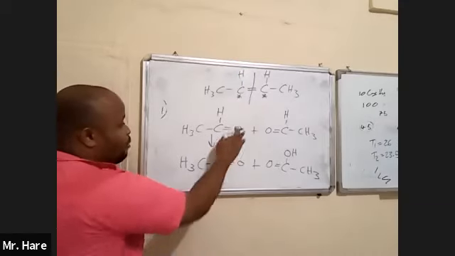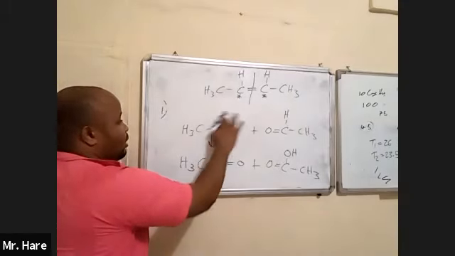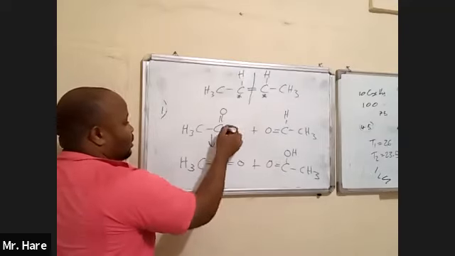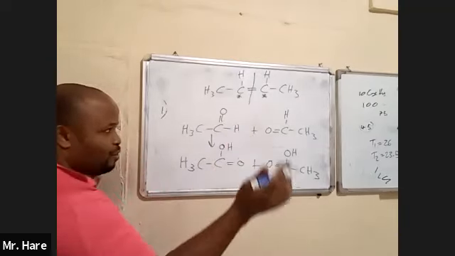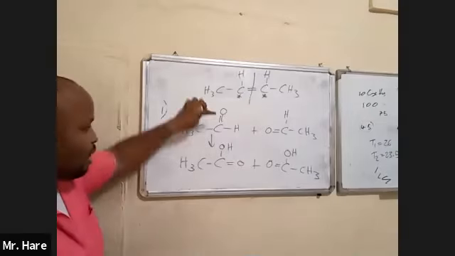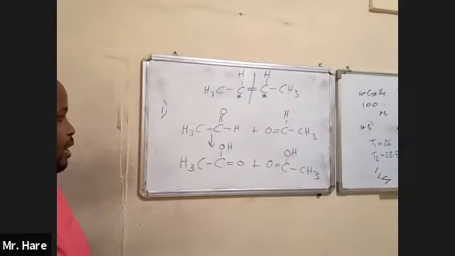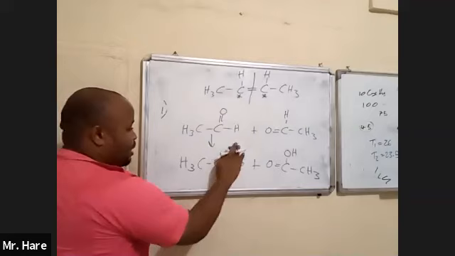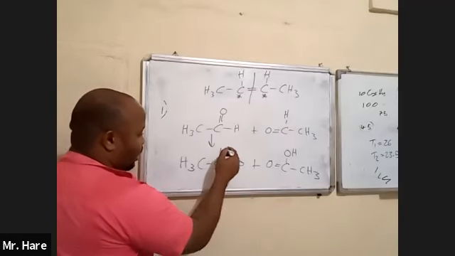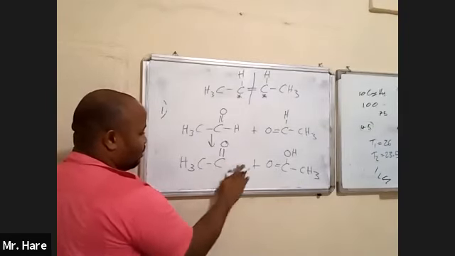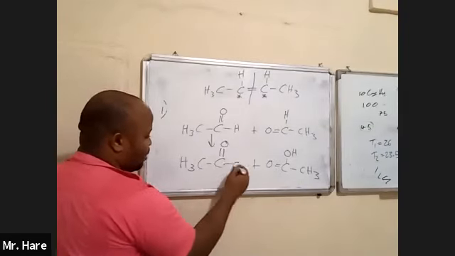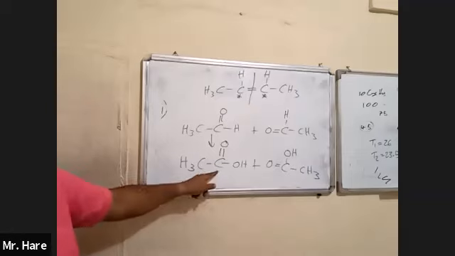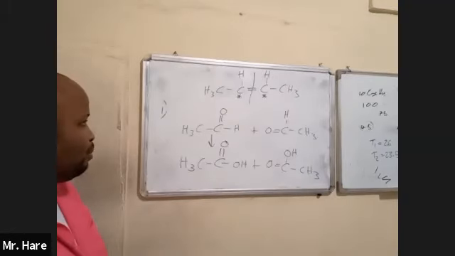Now, if you want to arrange the aldehyde like this, there is nothing wrong. They are all attached to the same carbon atom. So if you want to arrange the carboxylic acid like you're accustomed to, then there's no problem either, because they are still connected to the same carbon atom.